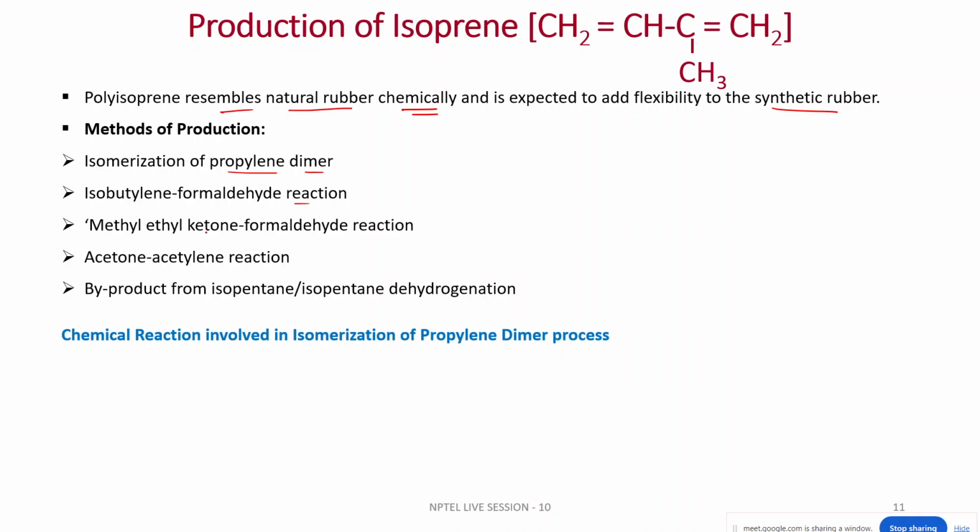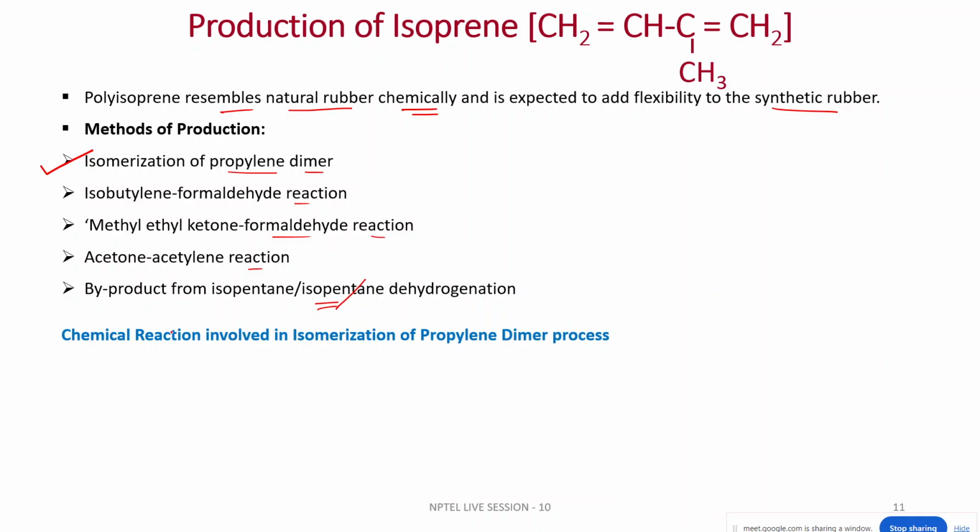Third one, methyl ethyl ketone formaldehyde reaction, acetone acetylene reaction, and also it can be produced as a byproduct of isopentane dehydrogenation. So among these, we will be discussing the first process, that is isomerization of propylene dimer.